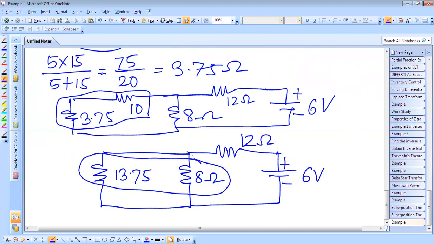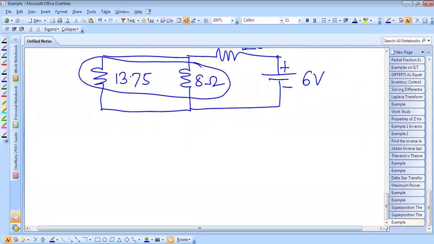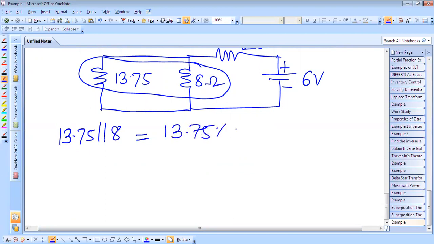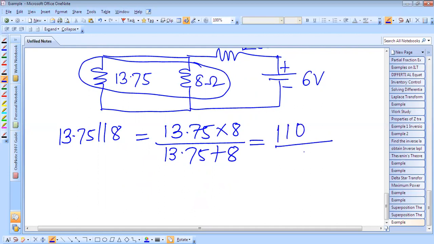Now these two are in parallel, so we'll take again the equivalent resistance. 13.75 parallel with the 8 ohm resistor, and this is coming equal to 5.05 ohm.